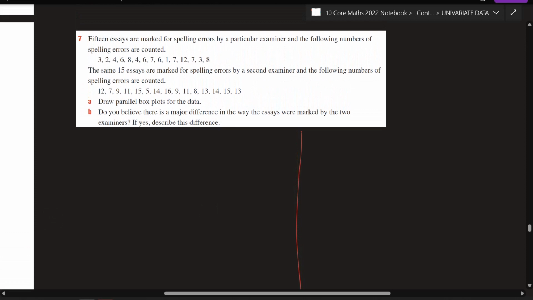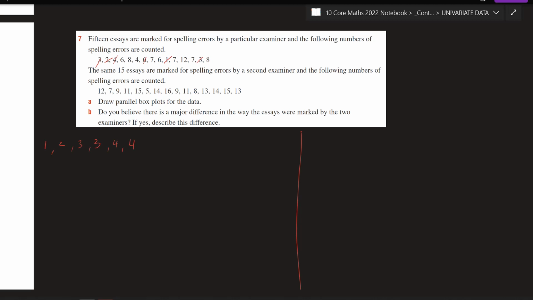I can see the lowest number is 1. And then you've got 2. And then you've got a couple 3s. And then you've got 2 4s. And then you've got 3 6s.